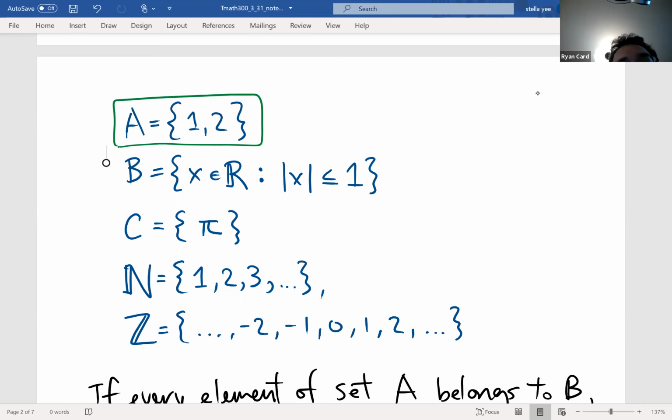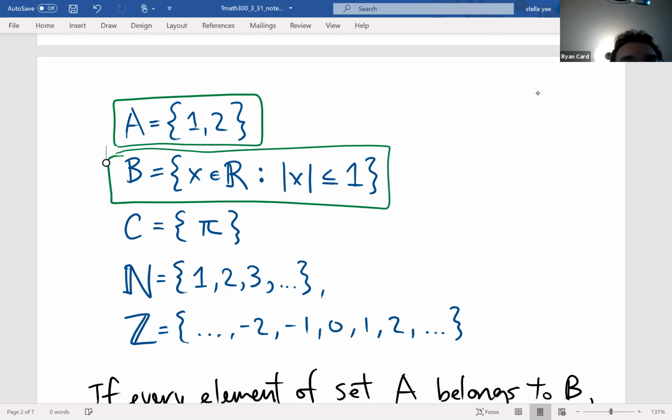Another way you could describe a set is using set builder notation. So this is an example. Set B, opening curly braces. The left-hand side of the colon tells you the expression of what is in the set. So it's talking about X, which is a real number that's in the set.